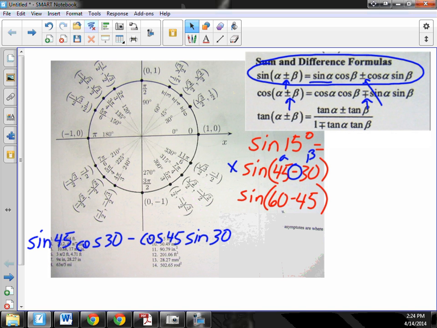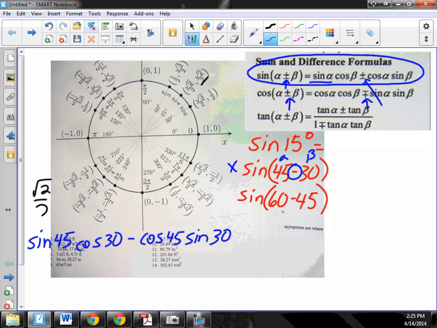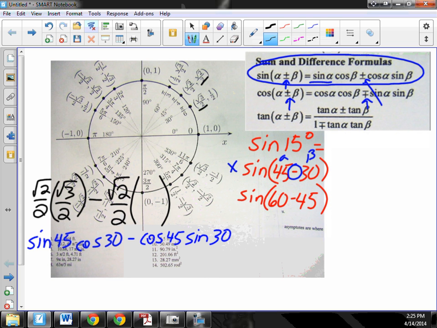What is the sine of 45? We go to 45 degrees, and we look at the y value. So root 2 over 2 multiplied by, what's the cosine of 30? We look at the x value of 30 degrees, root 3 over 2, minus cosine of 45, root 2 over 2, times the sine of 30, which is 1/2.